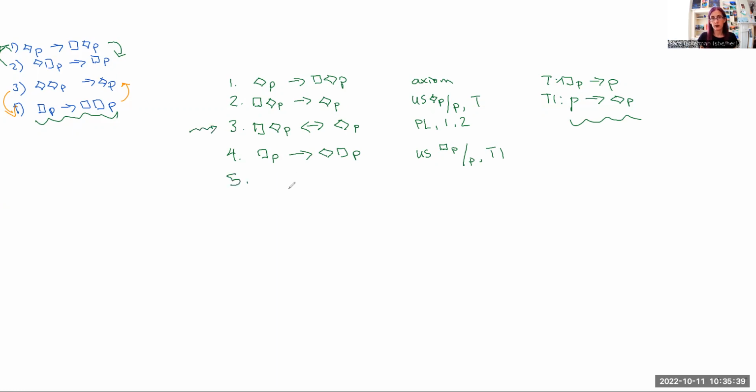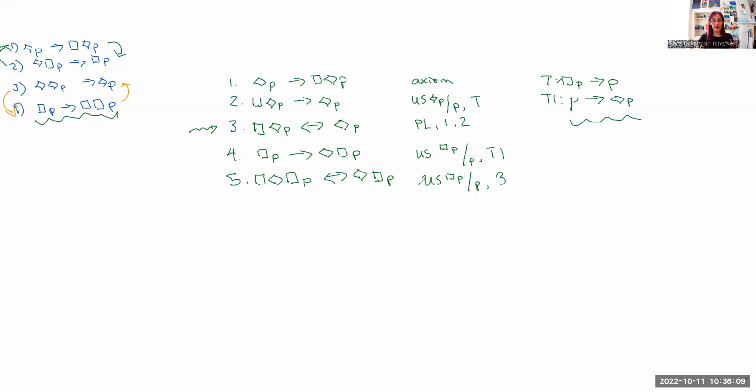I'm going to do another substitution instance on this, again substituting in necessarily P for P on line 3. So this gets us necessarily possibly necessarily P if and only if possibly necessarily P. Read what I write, not what I say.